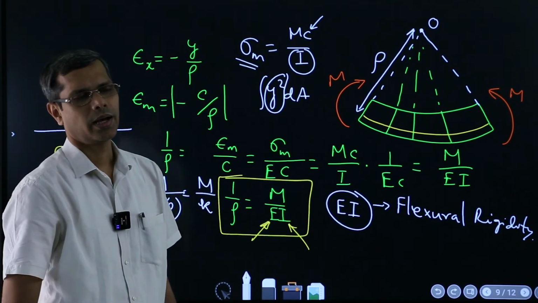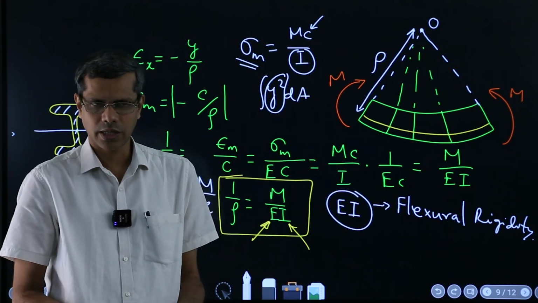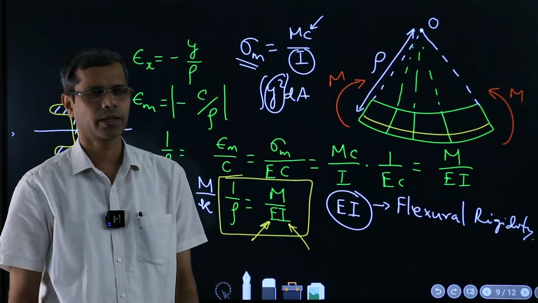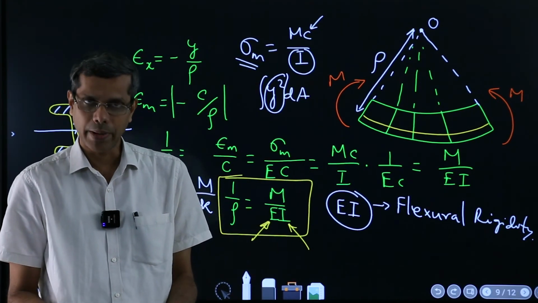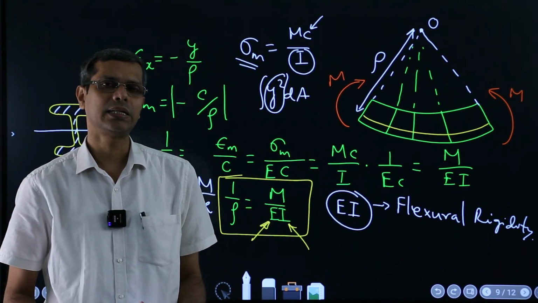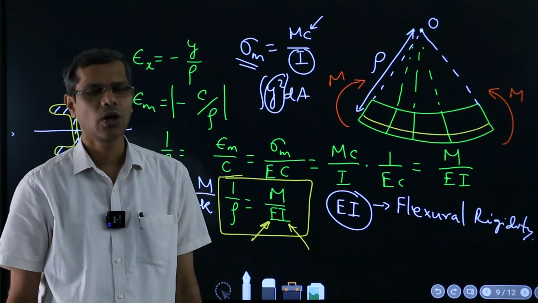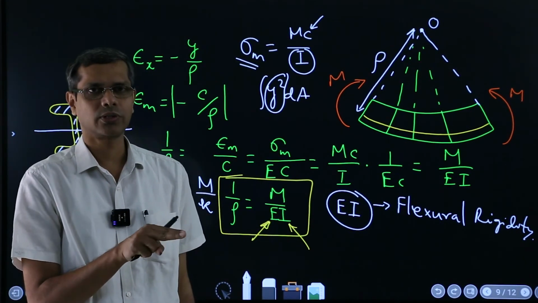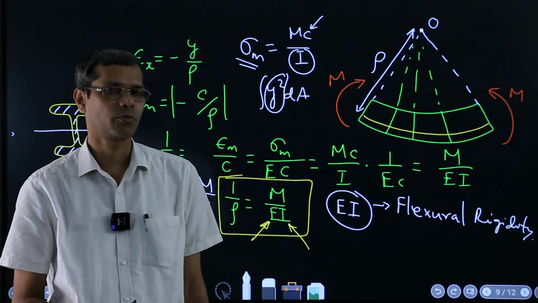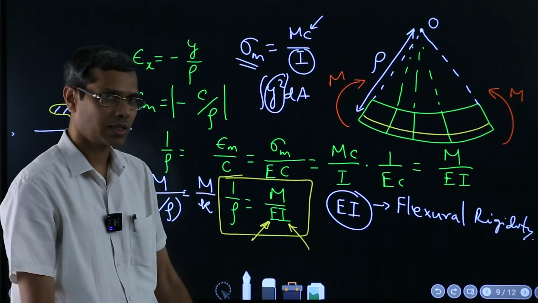That is where you can change the rigidity of a structure against bending, either by increasing its Young's modulus or by increasing the moment of inertia about the neutral axis which is responsible for resisting the bending.